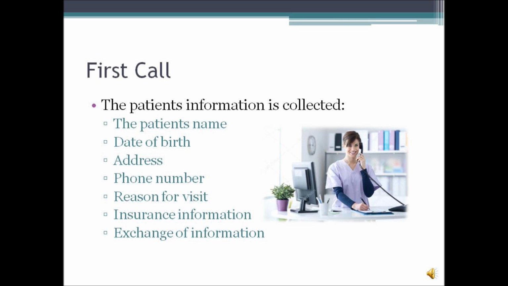This involves asking the patient if he is insured or not, collecting the insurance information such as the name of the insurance, phone number, the ID number, group number, copay, and any important phone numbers. Doing this allows the practice to call ahead of time and verify the patient's coverage level and work with the patient to educate him on his benefits. At this time, exchange of information between the patient and the primary care provider occurs.